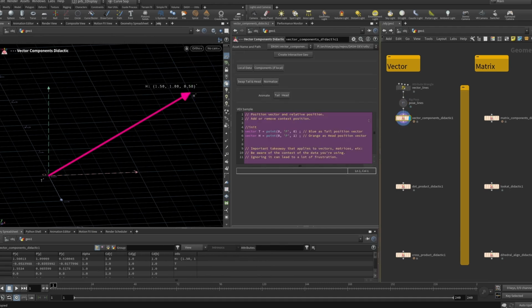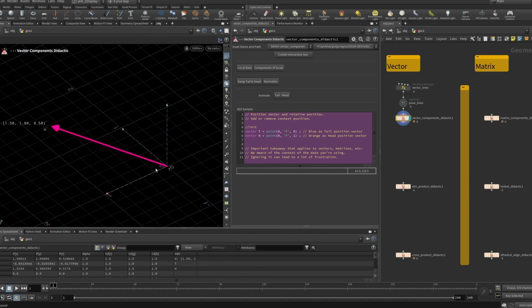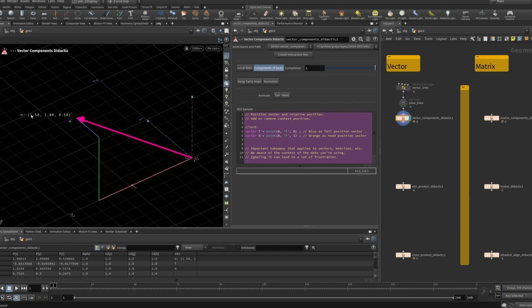Another way to think about how vectors are constructed is to consider the coordinate system where they are included. So if I click here on components, we can see that the coordinates 1.5, 1, and 0.5 can be multiplied with the appropriate unit vector of the space that they exist, and adding those vectors together arrives to that position. So I have this unit vector for the x coordinate.